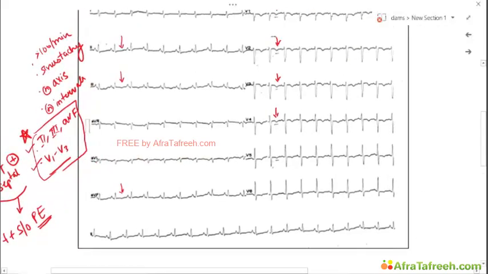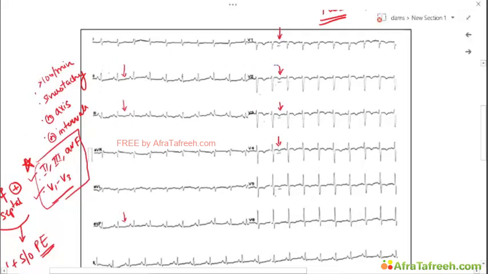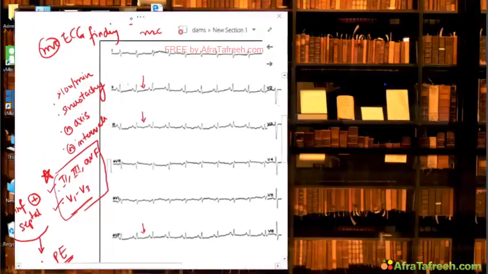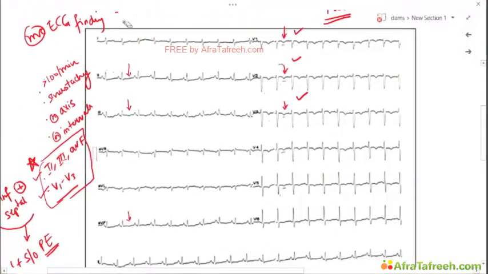Having mentioned that, some common things about PE on ECG: the most common ECG finding is T wave inversion in septal leads, that is V1, V2, and sometimes V3. This is the most common finding. Sinus tachycardia is another finding which you see, but this is not the most common finding.